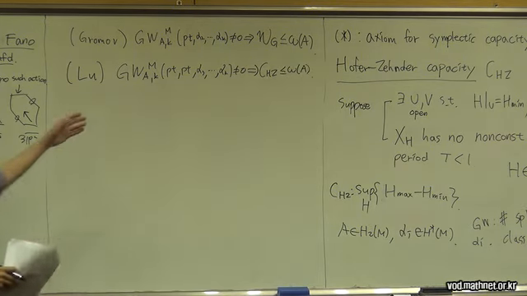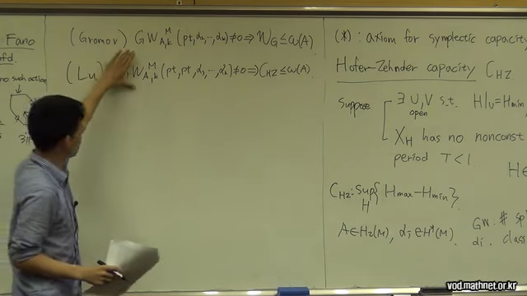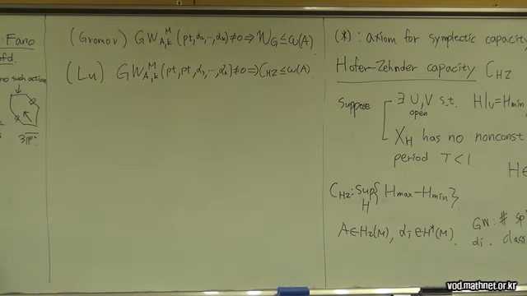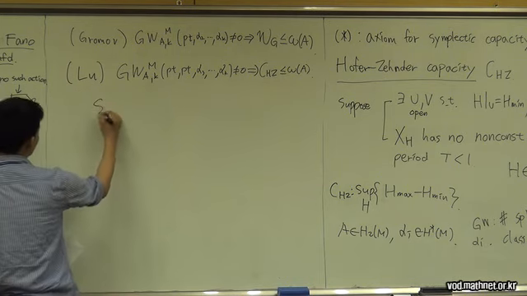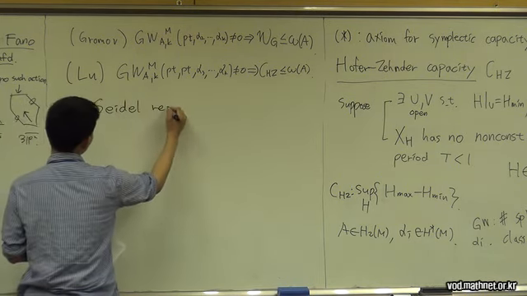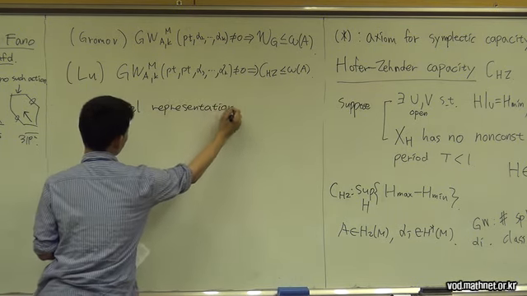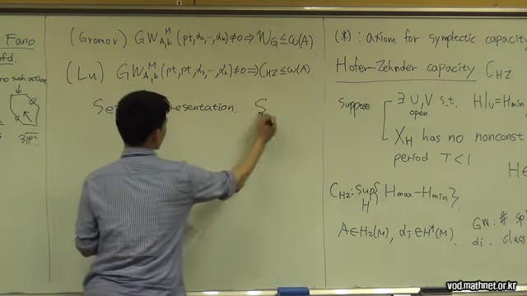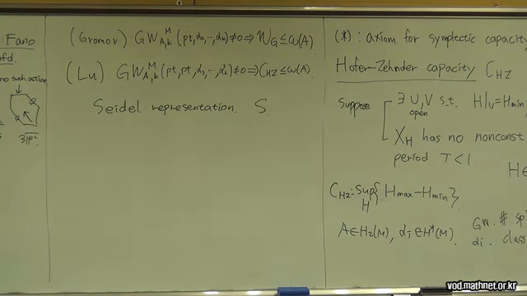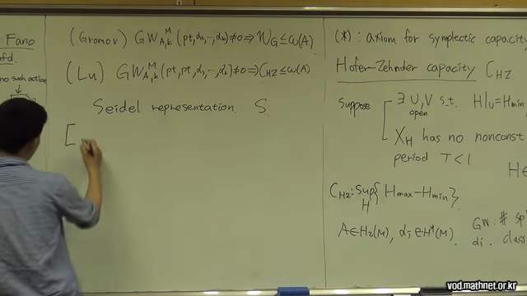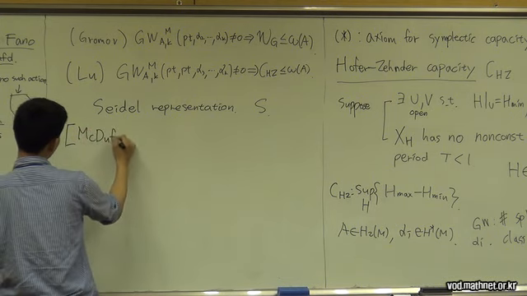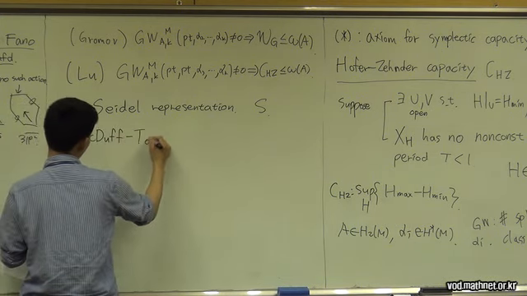Now the problem is to find some non-vanishing Gromov-Witten invariant, and for that we use the Seidel representation. This one appeared in the previous talk as S, but now I have one minute. The main idea is to use a result by McDuff and Tolman.